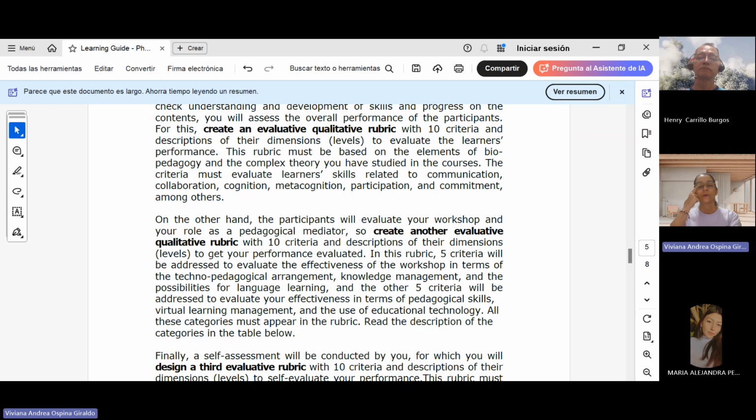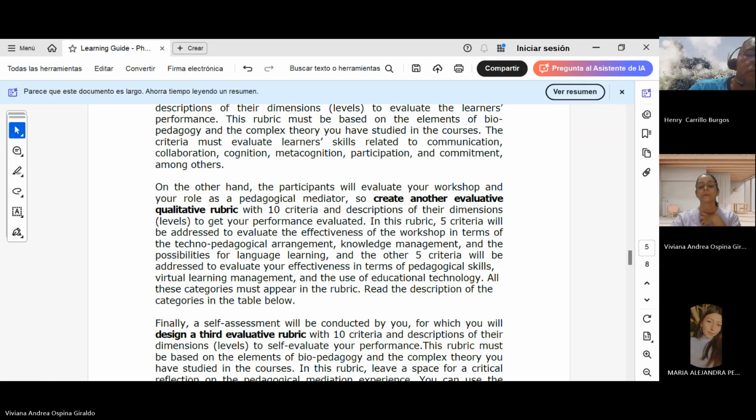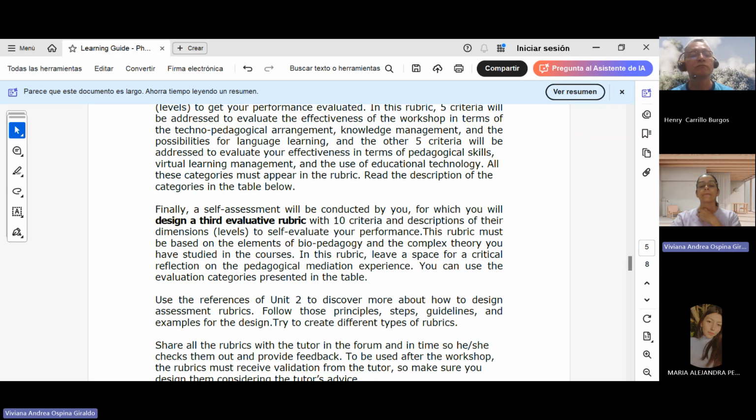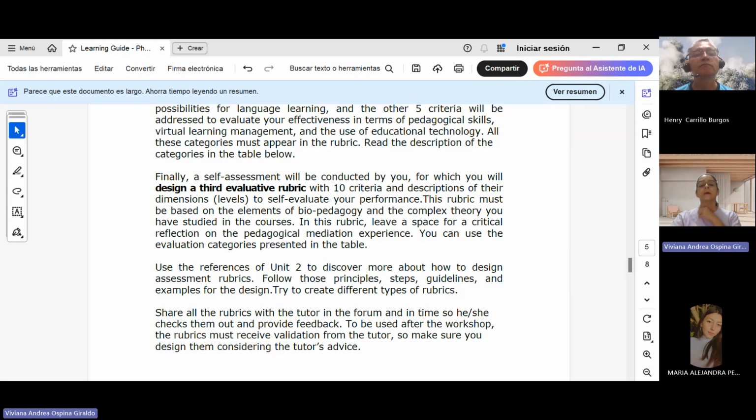So you need to create one rubric for the students to evaluate the workshop and another one to evaluate you. And you can use the references of Unit 2 to discover more about the design and the assessment.